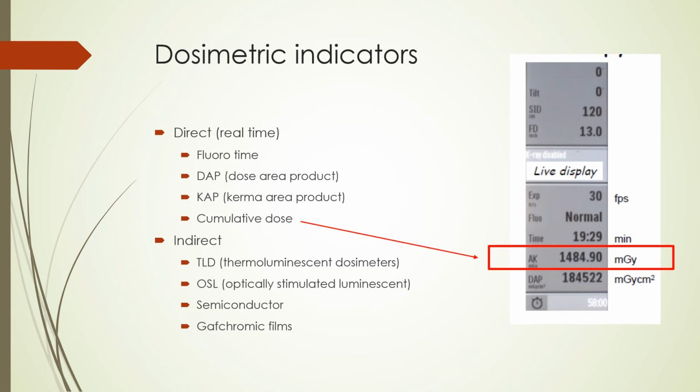Direct indicators of skin dose are cumulative dose readings of the display console and Kerma-area-product readings or dose-area-product readings. Indirect methods involve using TLDs, OSL, or semiconductor detectors attached to the patient's skin during the procedure and reading of the dose to the skin. Also, radiographic or radiochromic film can be used for indirect indication of skin dose.